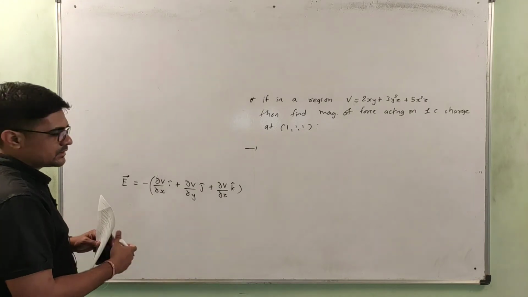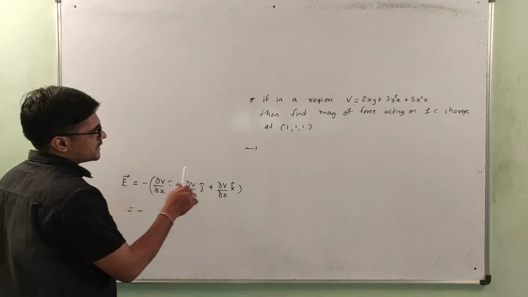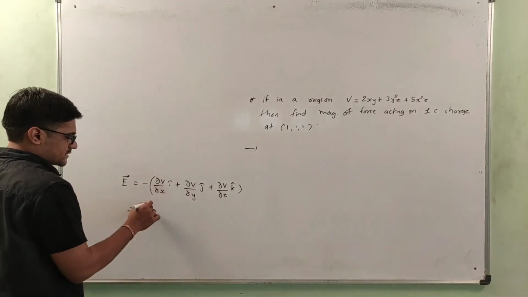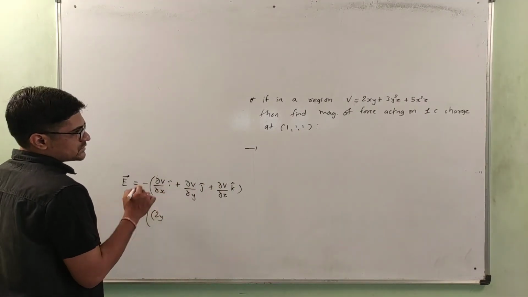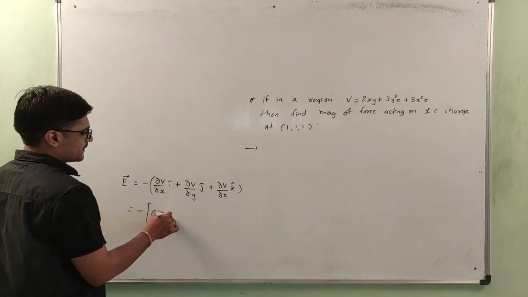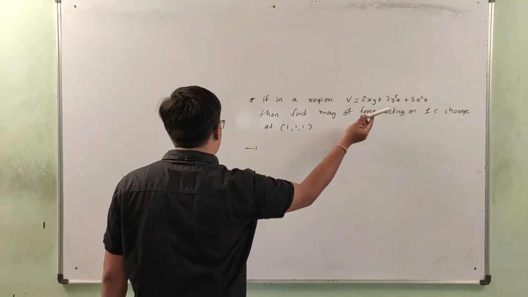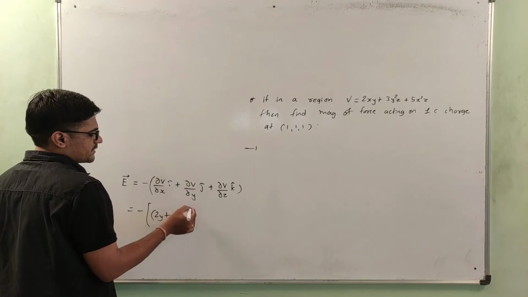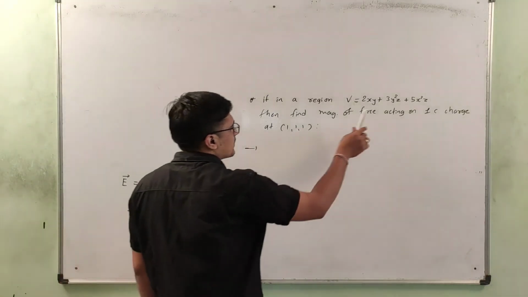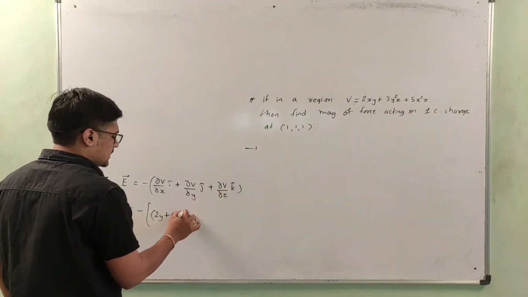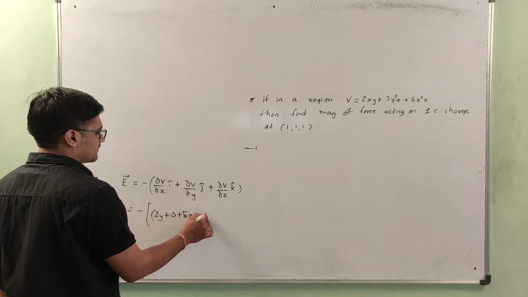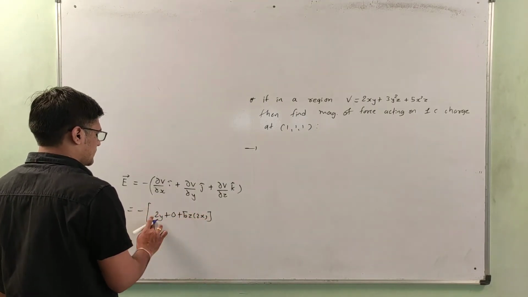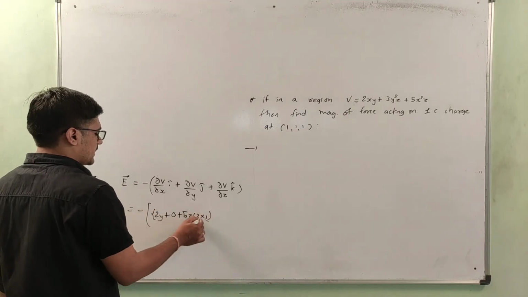from that potential equation. So differentiate this equation with respect to x first. 2y is constant, differentiation of x is 1. 3y square z, there is no x, so this is a constant term, so differentiation with respect to x is 0. 5z is constant, then differentiation of x square is 2x, into i cap.